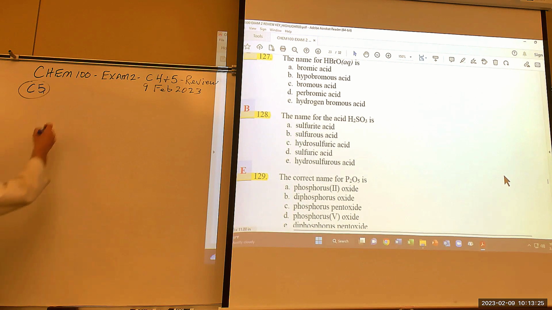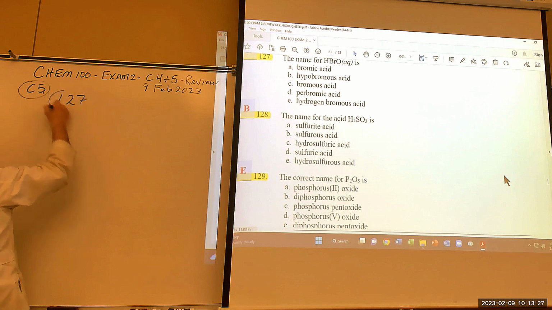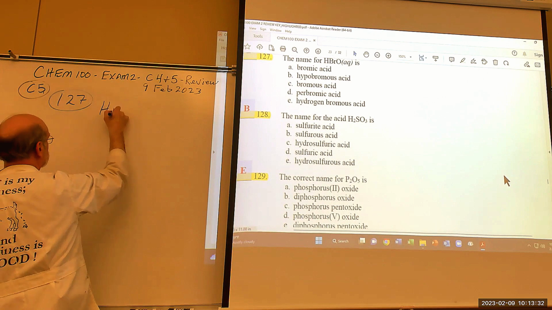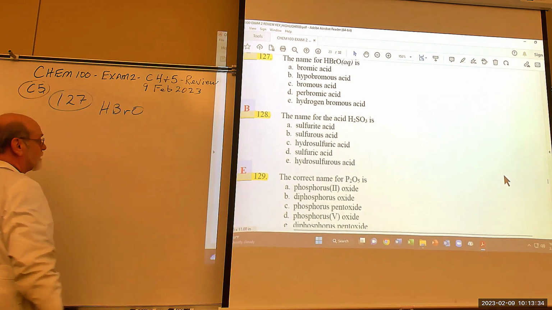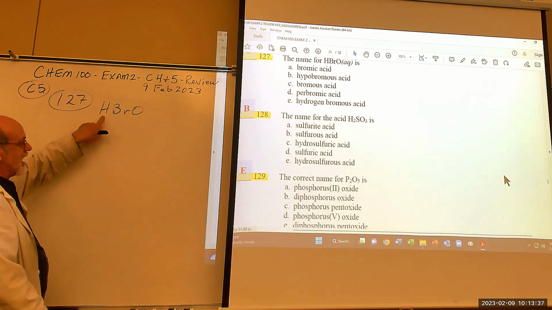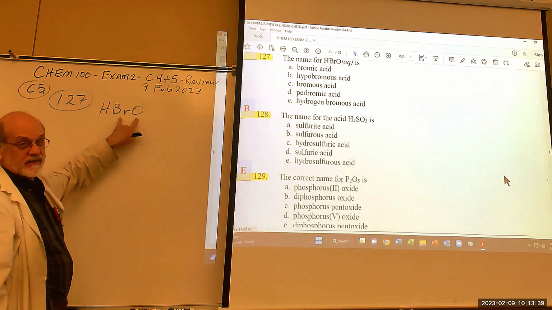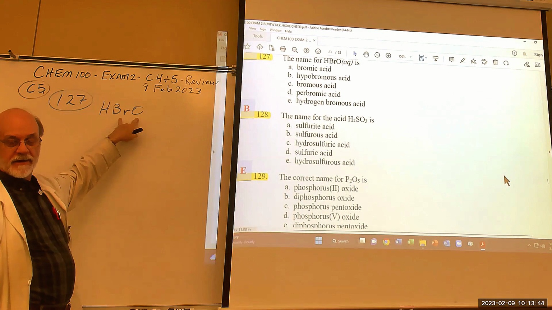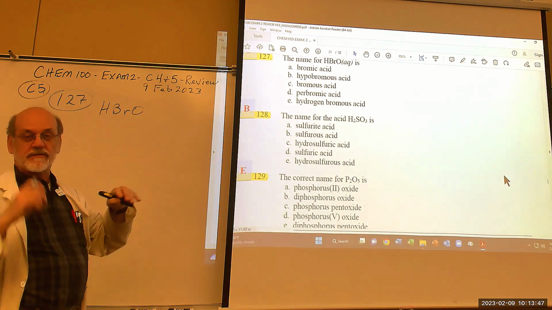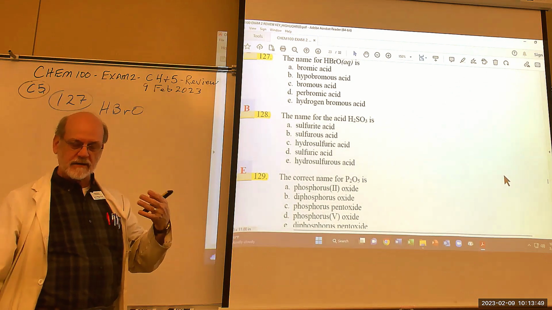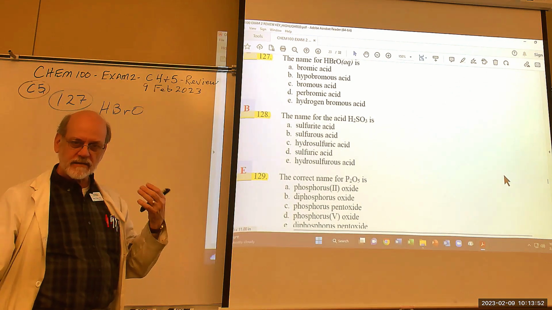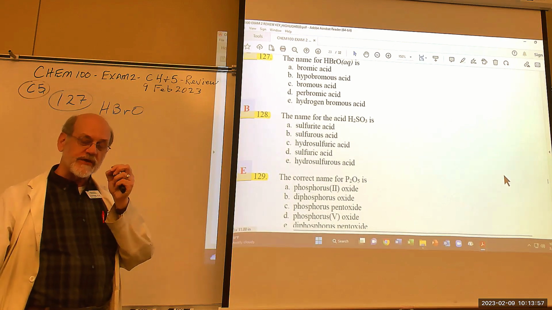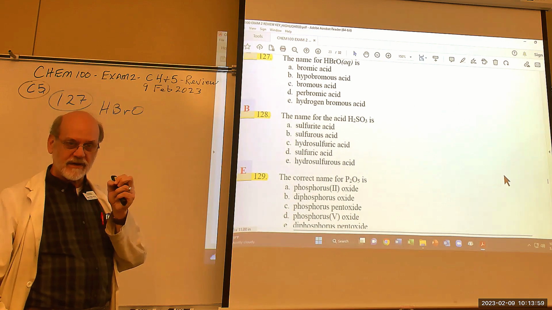127. The name for HBrO. This is an acid, and it has an oxygen in this polyatomic. So what is that polyatomic? Remember when I was showing you that list of chlorate, chlorite, hypochlorite, perchlorate? I said you could also substitute any of the other halogens in there.